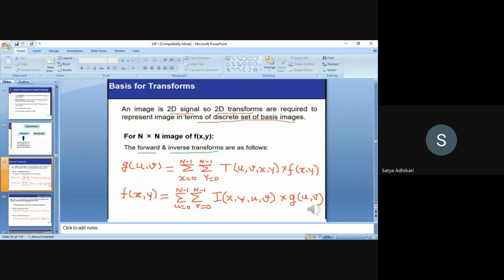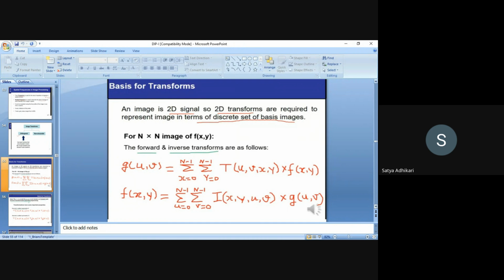So this is the formula: g(u,v) equals T(u,v,x,y) into f(x,y). T(u,v,x,y) is a mathematical function known as the transform function, into f(x,y), its gray level value. f(x,y) is the original value.